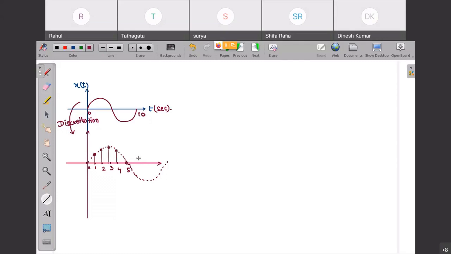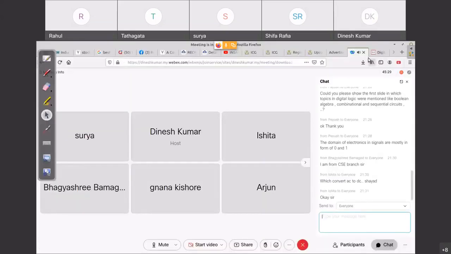But one thing you can note: is this signal continuous in the amplitude domain, on the y-axis? Yes or no? Tell me.